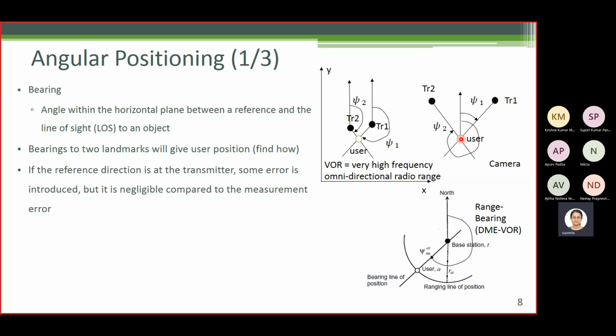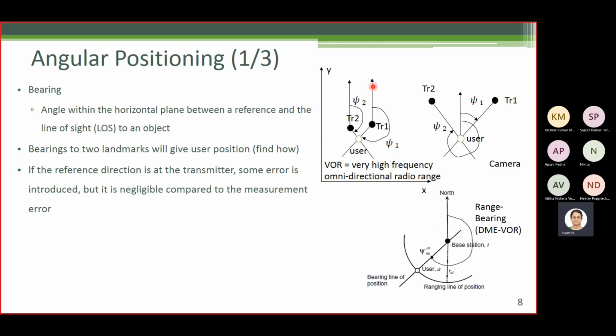Now see, when we find the user position using angular measurements, in the computation we assume that the reference is taken at the user. This is all right for a camera because that is indeed the case. But how about this case? Here the system is designed in such a way that when the user calculates the bearing measurements, it is with respect to the reference direction at the transmitter.